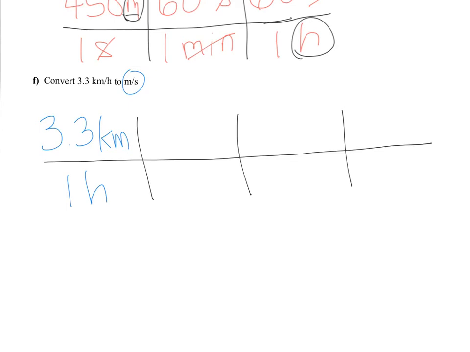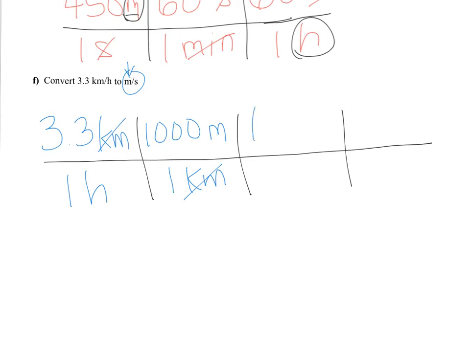So I go back to my metric stair-step chart, and I see that 1 kilometer is 1,000 meters. Now I can cancel out kilometers, and I have the first part of my unit here. Now I want to go from hours to seconds. That's the opposite of what we just did.